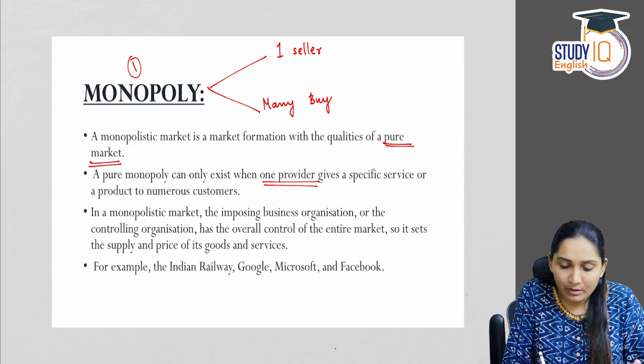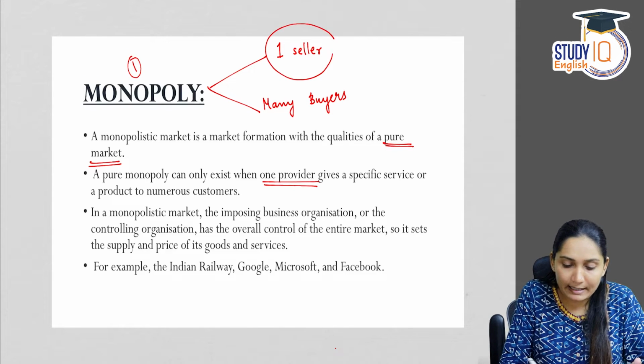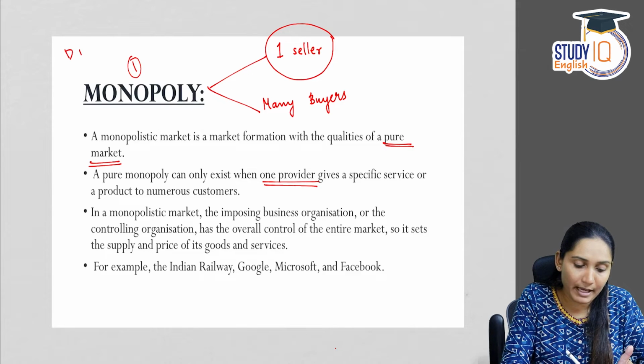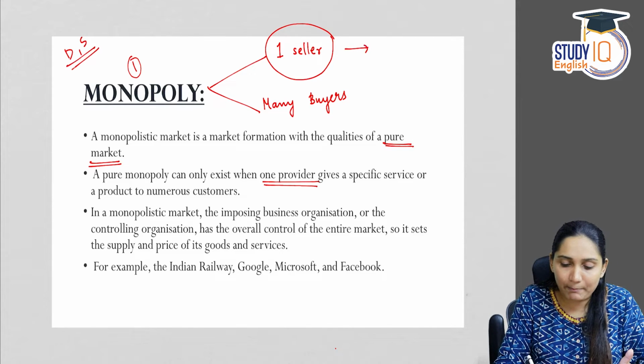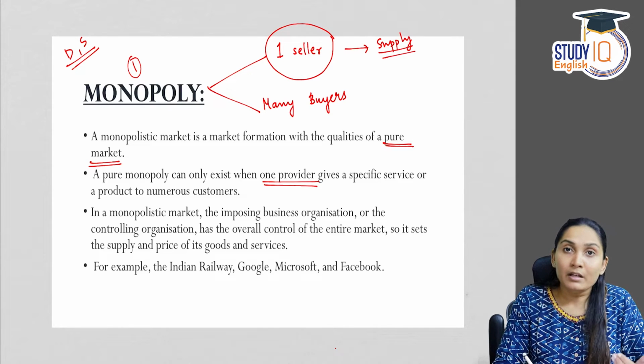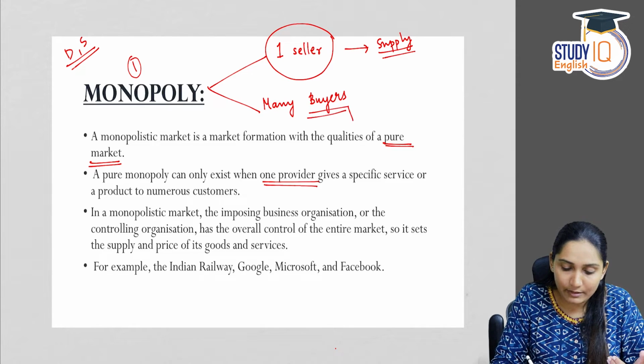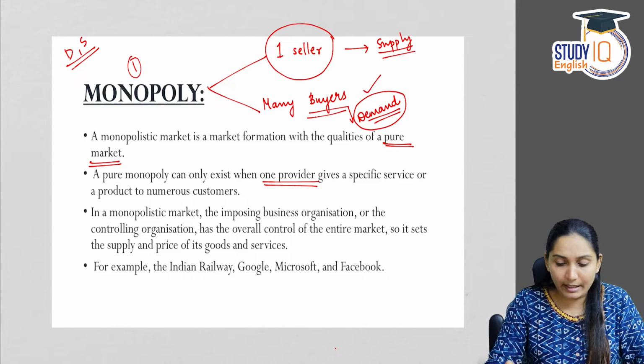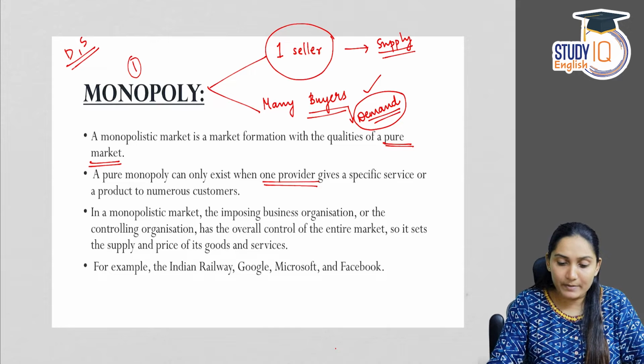Since there is only one seller, the supply factor, there are two factors in a market: demand and supply. So here the supply factor would be controlled by this one single seller. Demand is created from the side of buyers. So demand is created from buyers and supply from the seller.